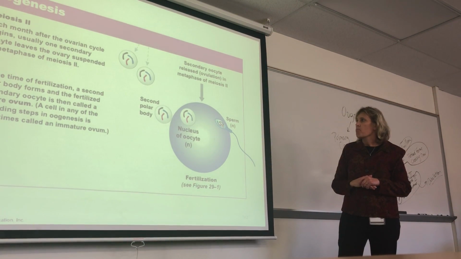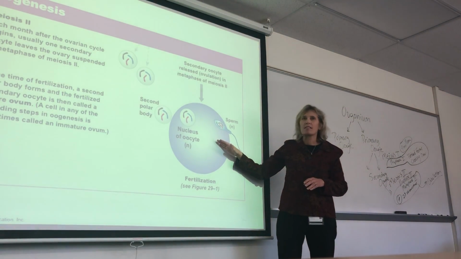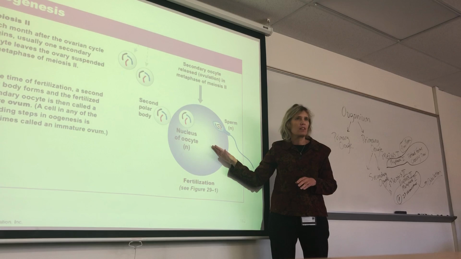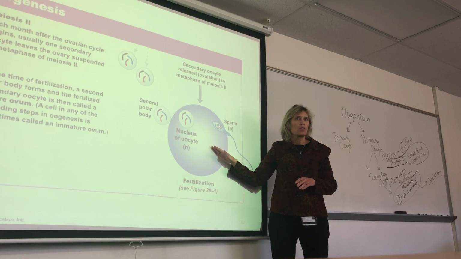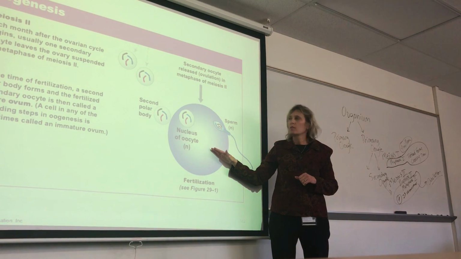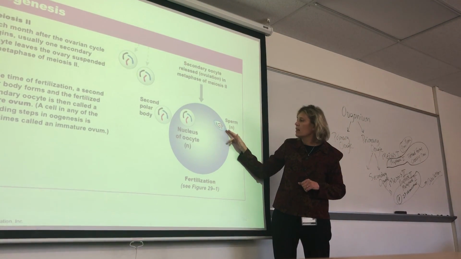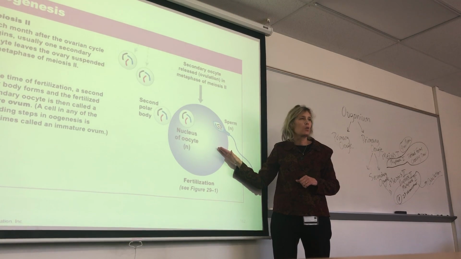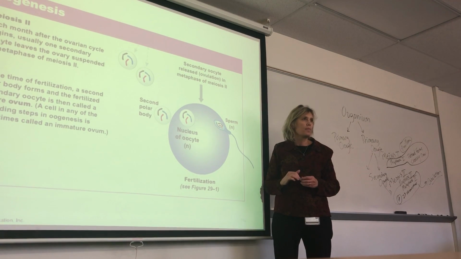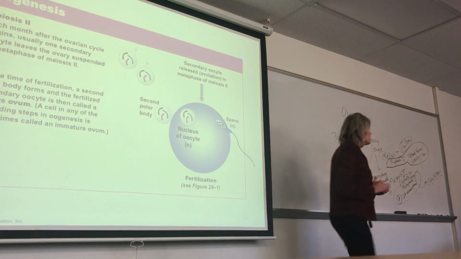But it's stuck. The other oocyte is still a secondary oocyte, stuck there in metaphase II. It has not been able to complete all of meiosis II. So that's what the sperm can embed itself in, can burrow into, is that cytoplasm.